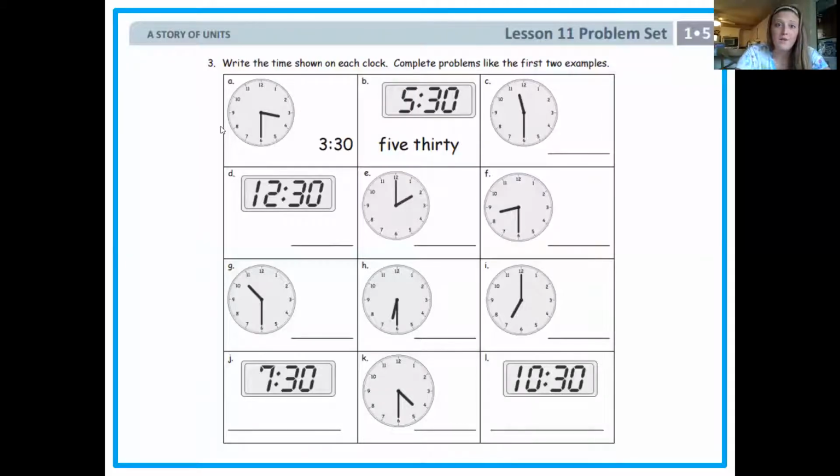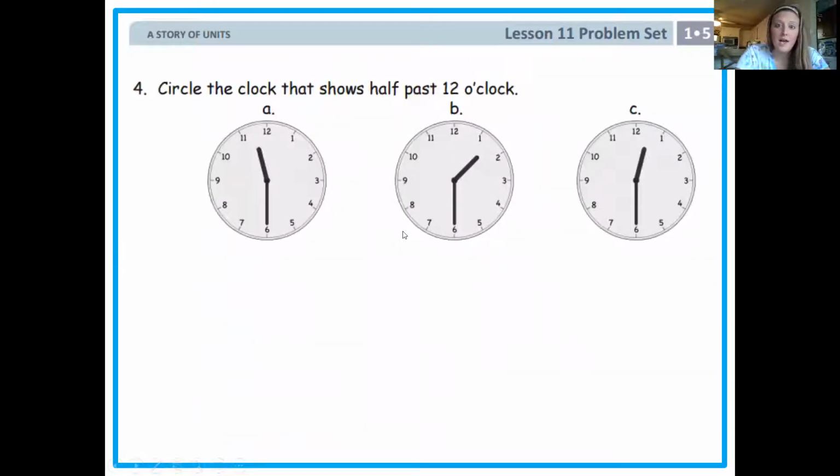So we're going to use this today to build on our knowledge because we're going to move on past just o'clock and just past half hour or half past, and we're going to move into some quarters. So having that knowledge of what a quarter looks like is going to help us looking at our clocks today. So let me go ahead and we are going to move through our next lesson.